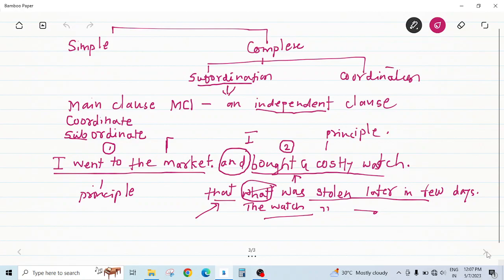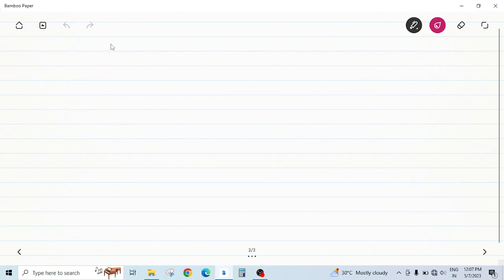Now we will concentrate on this statement: a subordinate clause is always a part of another clause.